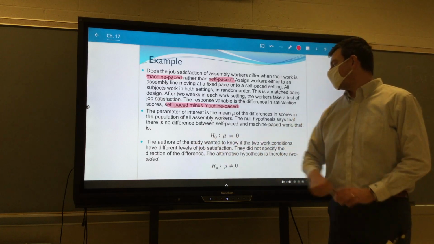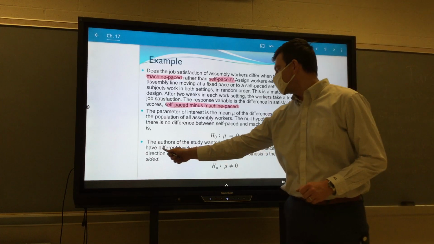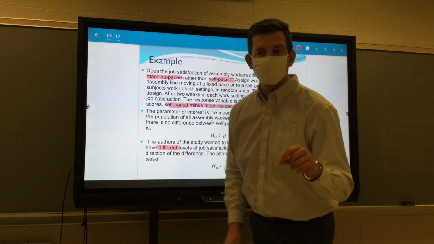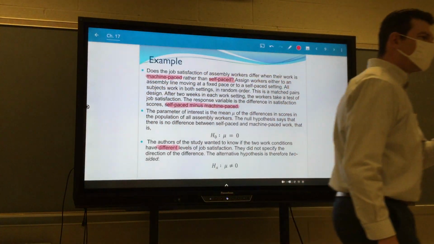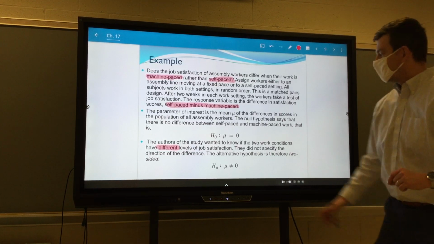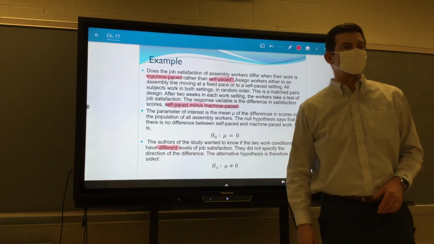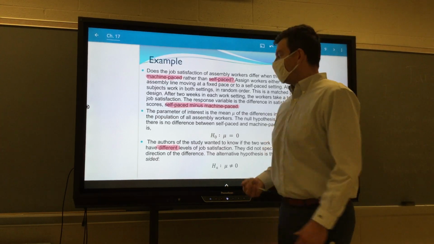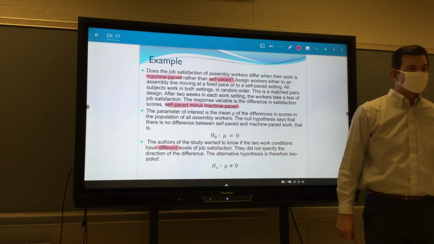But the authors of this study want to know if the two work conditions have different levels of job satisfaction. That's a key word there. You're going to have to read these problems carefully to decipher if the alternative hypothesis is one-sided or two-sided. That word different indicates a two-sided alternative hypothesis. We have no idea going into this if people are going to prefer the self-paced method or the machine-paced method.